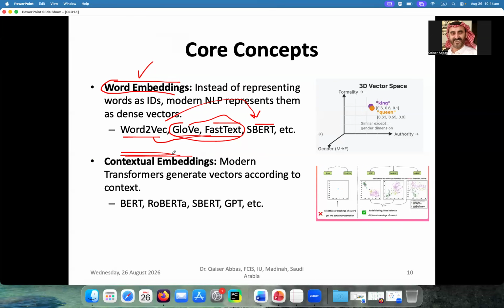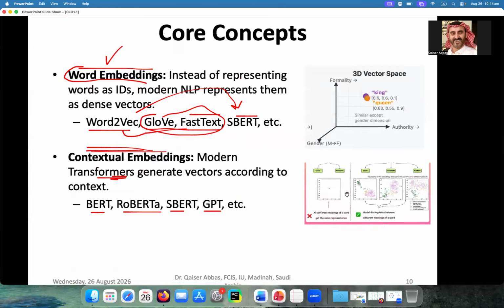And where are we using it? In transformer models, modern transformer models. Nowadays we are using them. So these transformer models are using these vectors. For example, BERT, and BERT has different versions: RoBERTa, SBERT, GPT, your ChatGPT. What is the benefit of it?